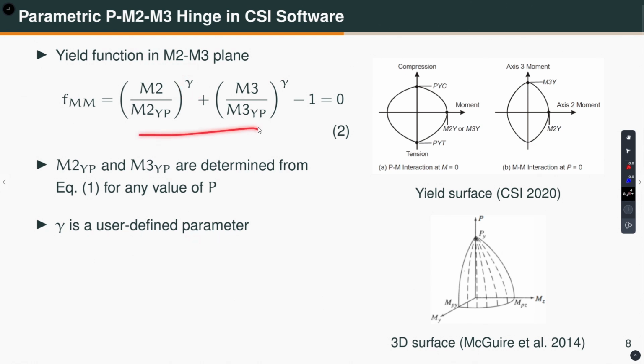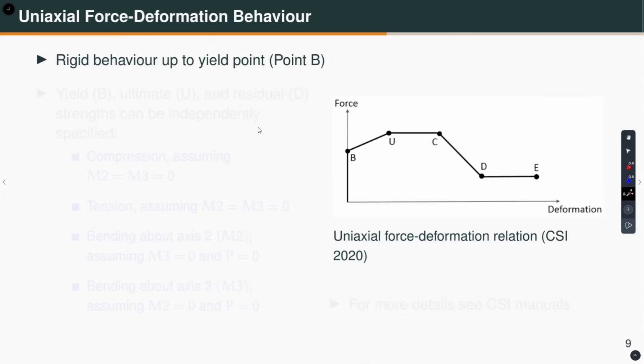Now, the force deformation behavior for moment as well as axial force, if I am plotting the axial force versus axial deformation or bending moment versus the corresponding deformation, which is the rotation, is given by this behavior. Now, what are these points? Well, initially the behavior is rigid.